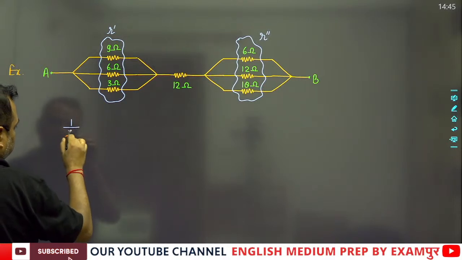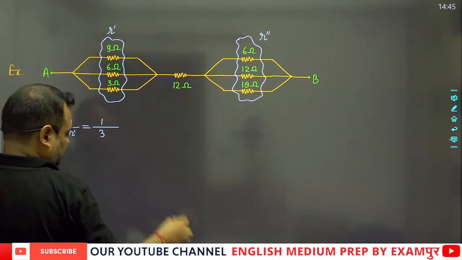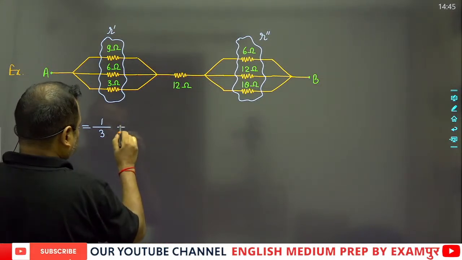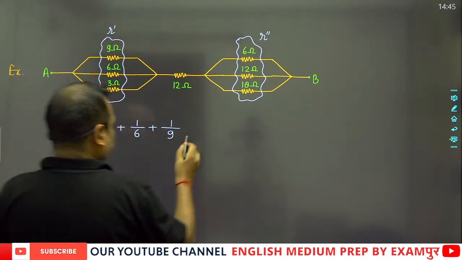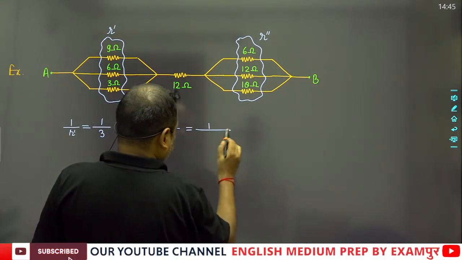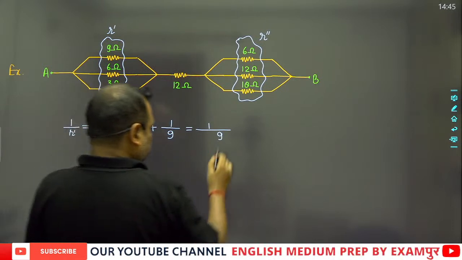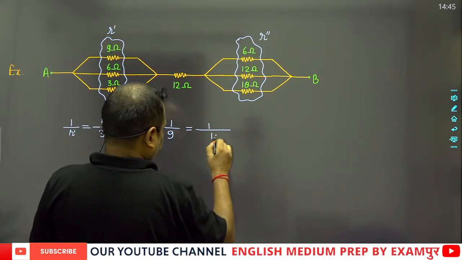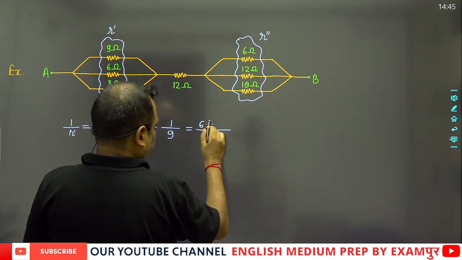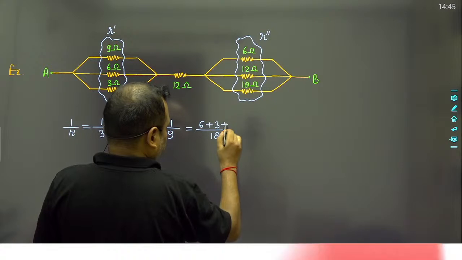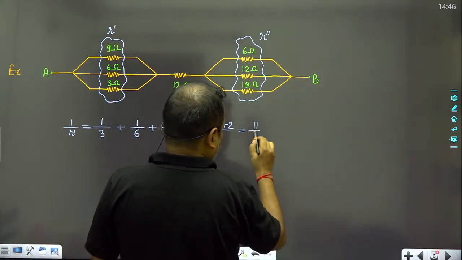So 1 upon R dash will be equal to 1 upon 3 plus 1 upon 6 plus 1 upon 9. This will be equal to, with common denominator 18, 6 plus 3 plus 2, which is 9 plus 2, that is 11 upon 18.